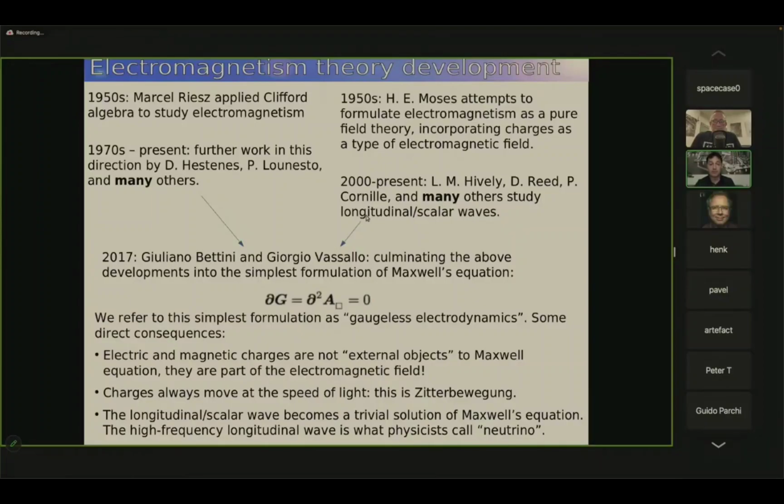And I think that's a really important step forward when you have a decades-long development, and that results in a much simpler understanding of electromagnetic theory. So let's see what this simple equation really says. This A with the square is the four-potential vector.